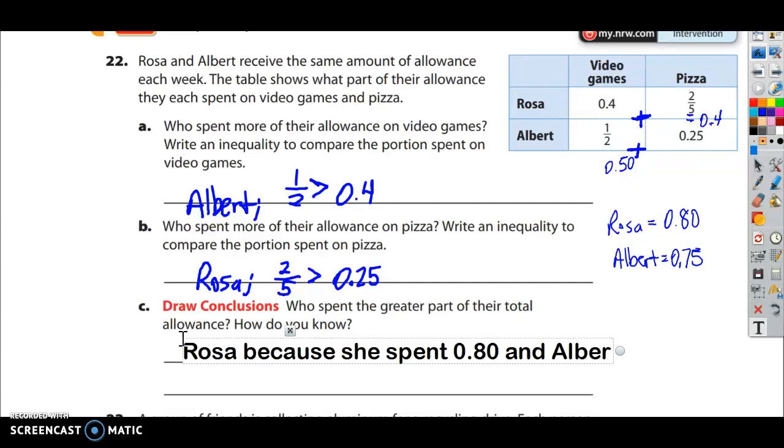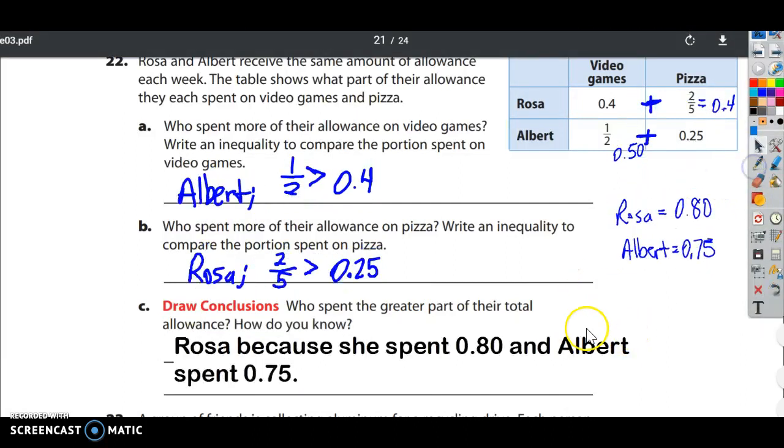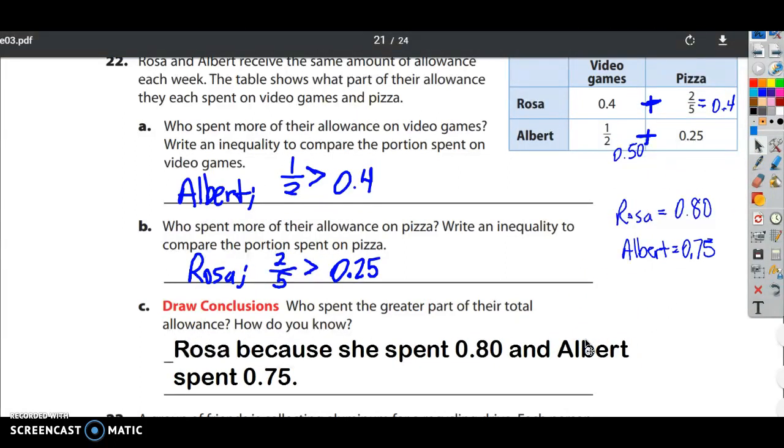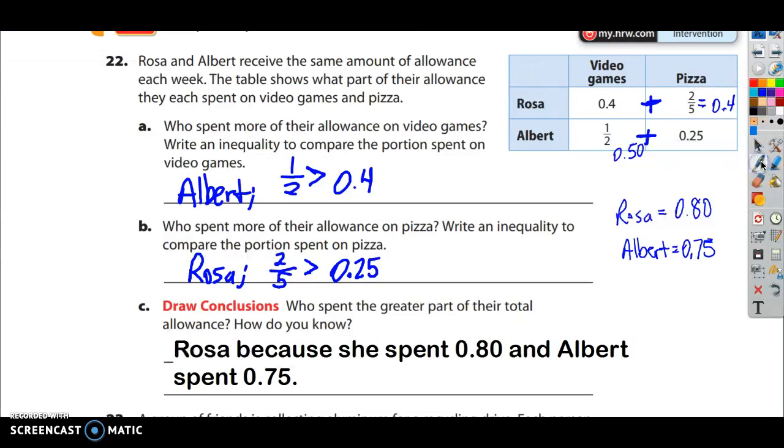And Albert spent 0 and 75. Now, what I like about this answer is it's a typed answer, but I also, here's kind of my favorite thing, I also kind of showed my work. So if you show your work off to the margin, it's a really good explanation. Okay? Alright, cool. Let's move down to the bottom of the page. You're good on number 22 now.